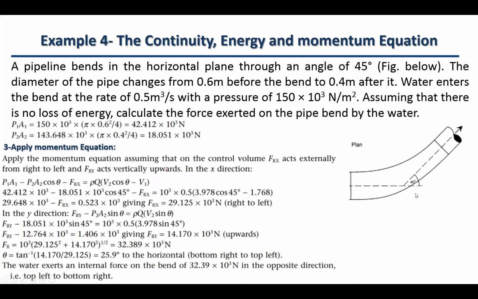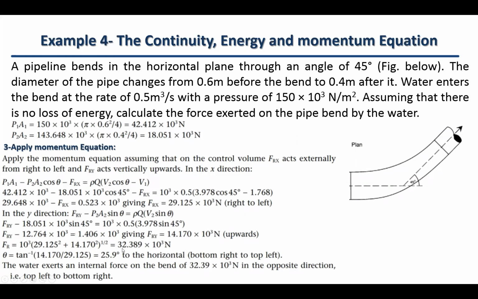Once we have these, we can easily calculate FR, the resultant, based on Pythagoras. The resultant force is 1,000 times the square root of 29.125 squared plus 14.17 squared.